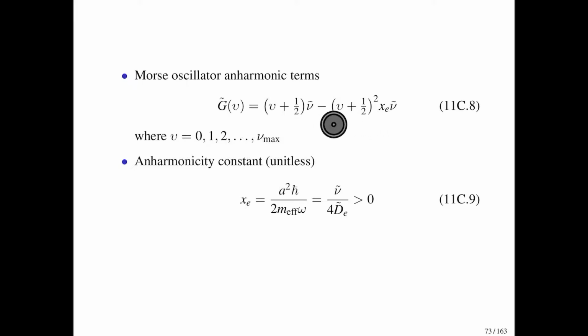So as upsilon gets large, this term becomes larger and larger, and eventually you're not going to have any more positive eigenenergies. And so there's a maximum value for upsilon. It looks like I used the wrong symbol here. This should be upsilon max.